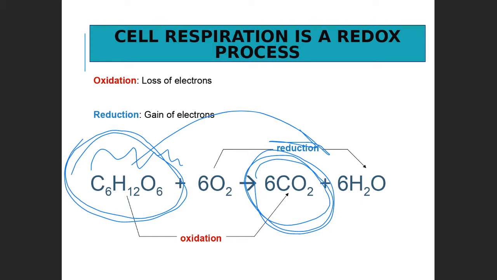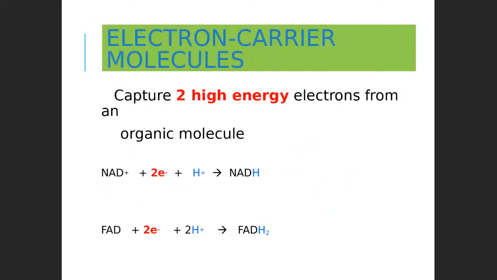Step by step. And they have some acceptors of electrons that accept this high electronic energy coming from electrons. Those acceptors of electrons are carriers. We call them electron carriers. We have two that we are going to study in this chapter.